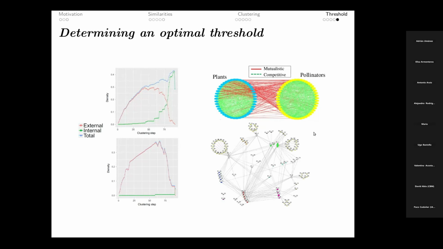And this is one specific feature of what we call a nested pattern in ecology. And only if you focus in this case on the external partition density, you will find and explore this kind of network. Okay, so I think it's interesting to have a look and explore both external and internal partition densities very often.